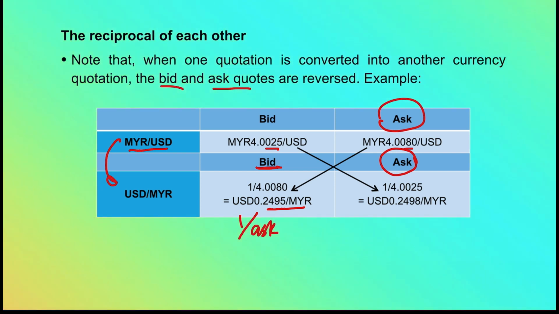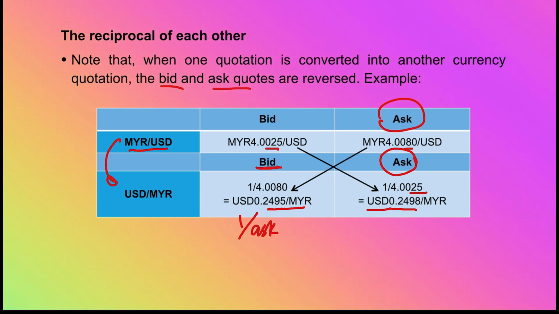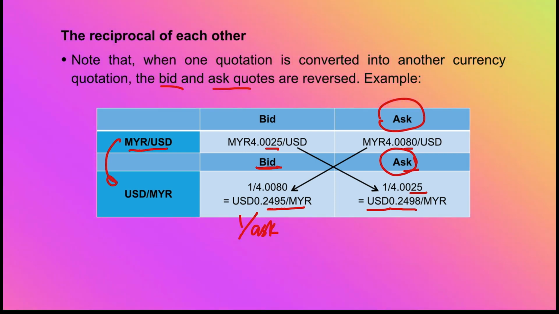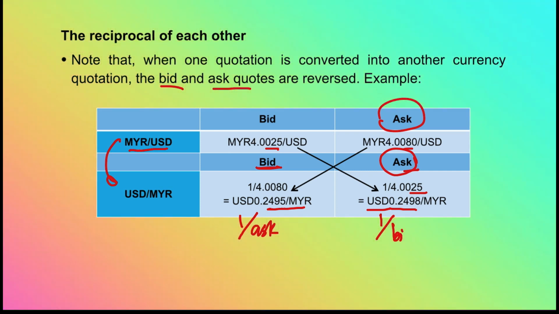And to get the ask rate for US dollar per Malaysia Ringgit, you have to find 1 divided by 4.0025. You will get US dollar 0.2498. So how to calculate the ask rate? You have to take the reciprocal, 1 over the bid rate.